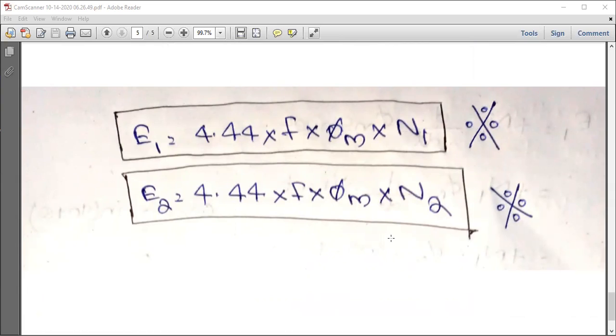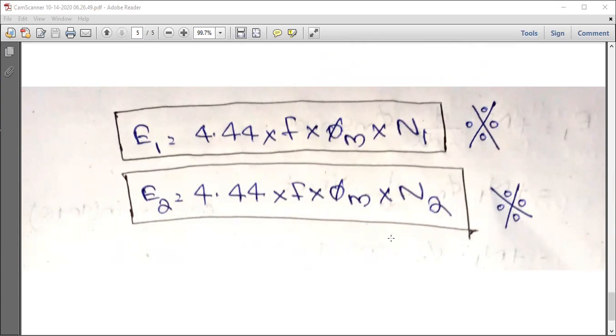So this is the EMF equation of a transformer in the primary as well as secondary. Here also we can see that if we bring N1 or N2 to the left hand side, the EMF per turn on both the primary and secondary is the same. You should not say that EMF is the same; EMF per turn is the same on the primary as well as the secondary.